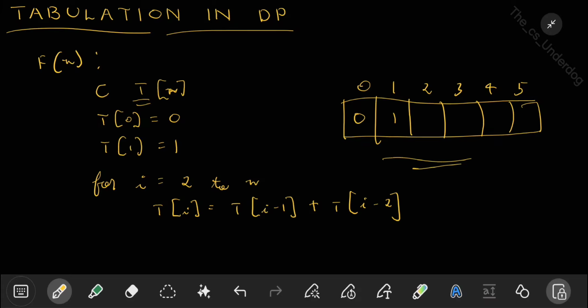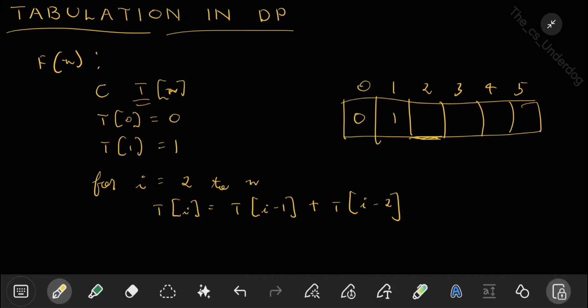This is your array which you will call as table. In this table, for finding the remaining numbers, you are going to use t of i minus 1 and t of i minus 2. That is, the previous two numbers will be used in order to find the next Fibonacci number. So how will you find t of 2?